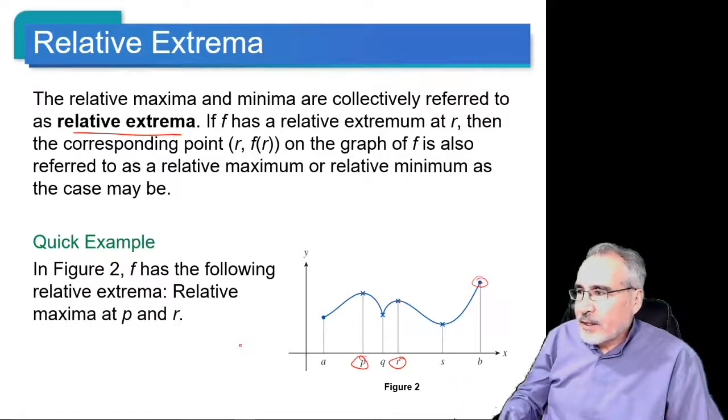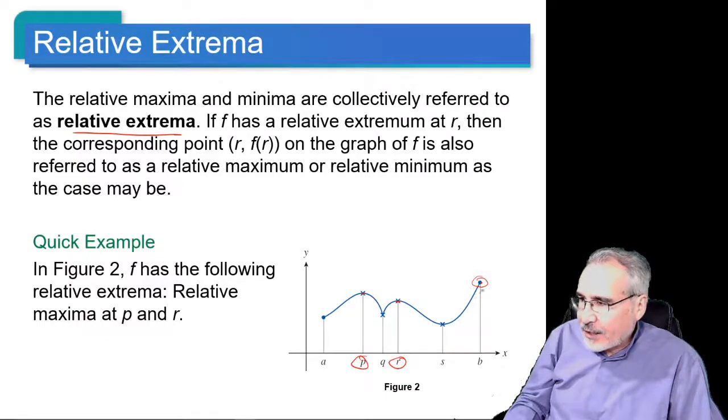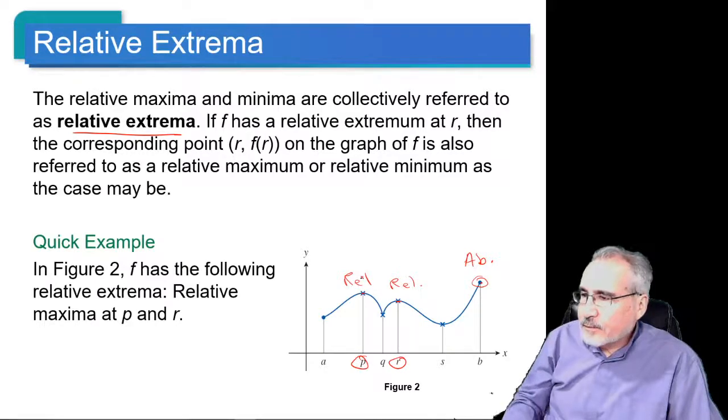But again, sometimes you don't see the whole picture. You can call it a relative until later and just say, oh wait, yes, it's relative because it's in its neighborhood, but it's also bigger than everything else, so this is an absolute, and these are relatives. Okay.